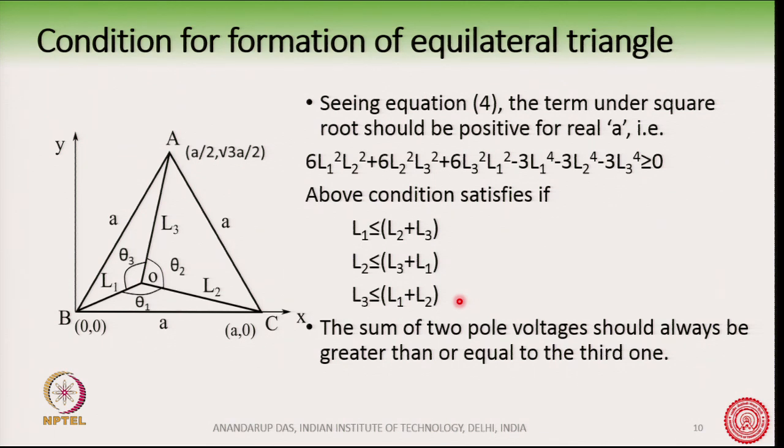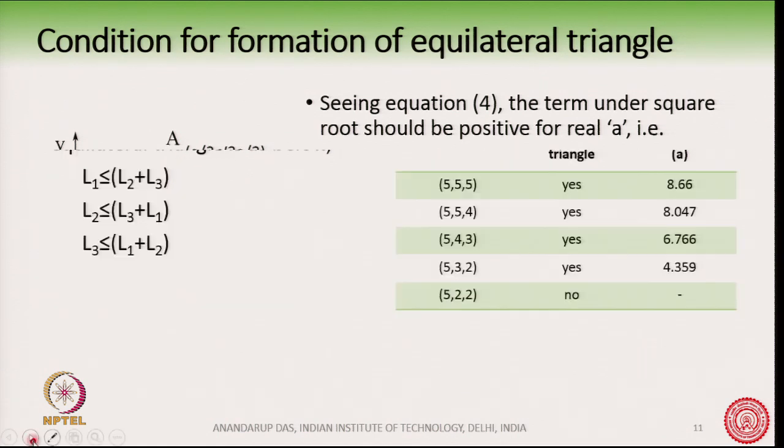Only then can the balanced line voltages be obtained, or the equilateral triangle be solved. These all come from the basic geometry of the properties of an equilateral triangle. What does this condition say?